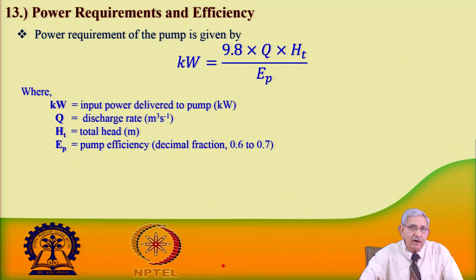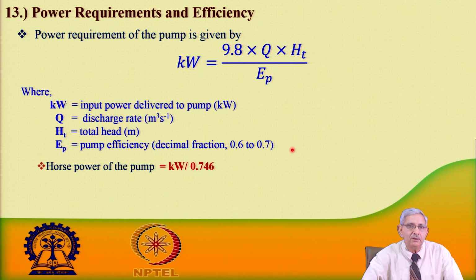Now, having got the value of total head requirement, the power requirement in kilowatt can be expressed by 9.8 into the discharge Q, which we require to operate the main pipeline. This is the total discharge in meter cube per second, and H t, as I just told, is the total head requirement, and E p is the pump efficiency. So, this is the pump power.